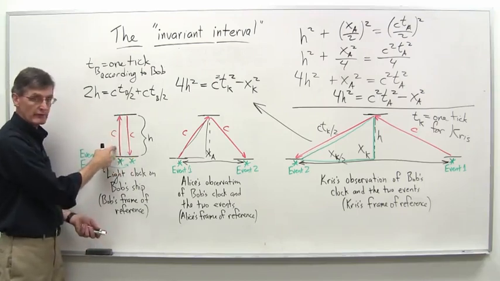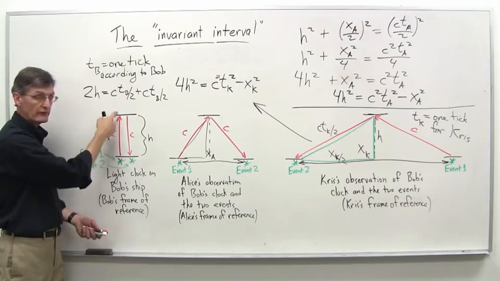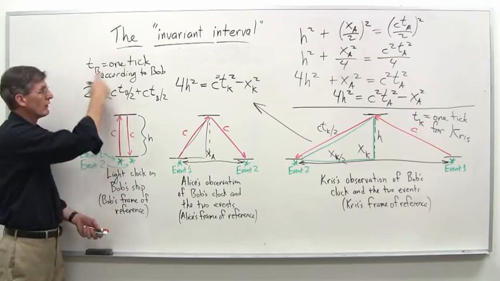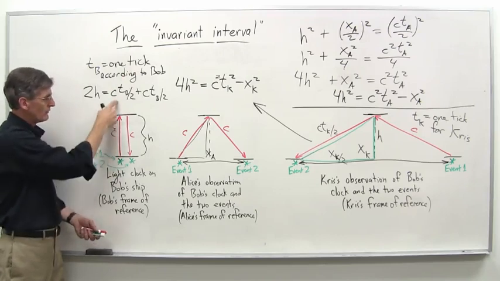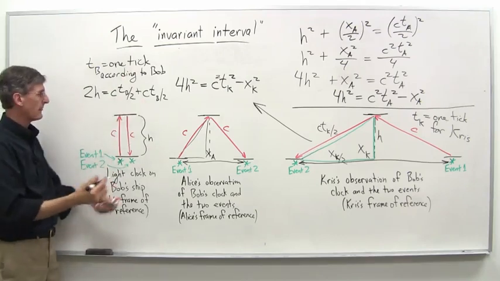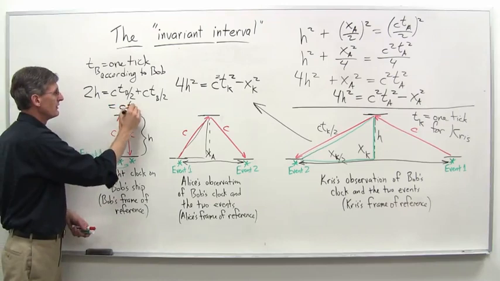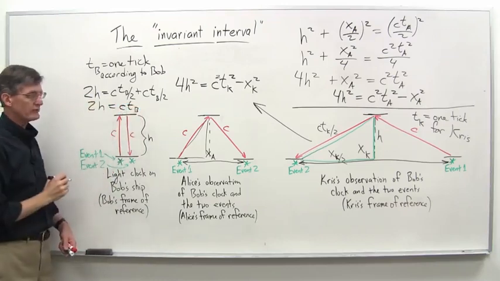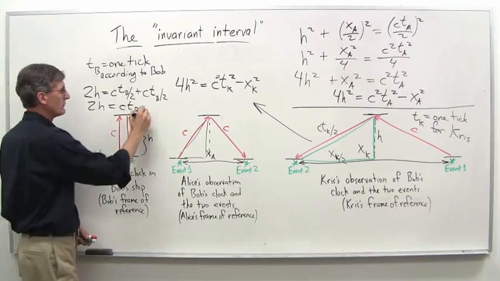And then thinking about the speed of light, it's going velocity c up, velocity c down, and half a tick is tb over 2, because 1 full tick is tb. So c tb over 2 plus c tb over 2 just equals c tb. So we've got 2h equals c tb, and we'll squeeze this in here.